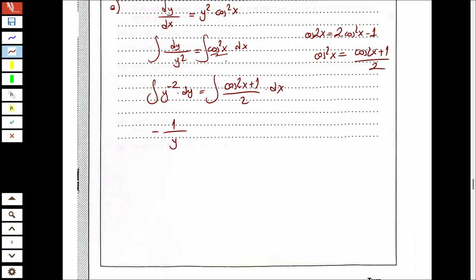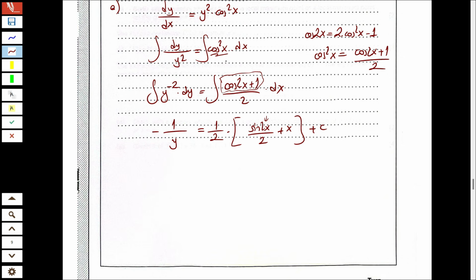Equal, you can write 1 over 2 outside the parentheses and try to find the integral of this expression. The integral of cosine 2x will be sine 2x divided by 2, because it comes from the derivative of 2x, and I will eliminate this, plus x. And do not forget to write the constant c.